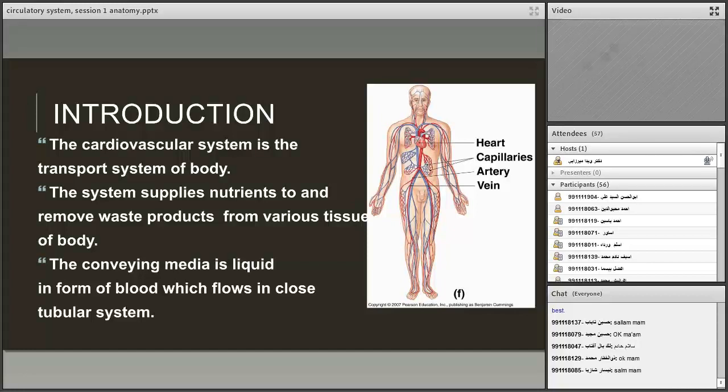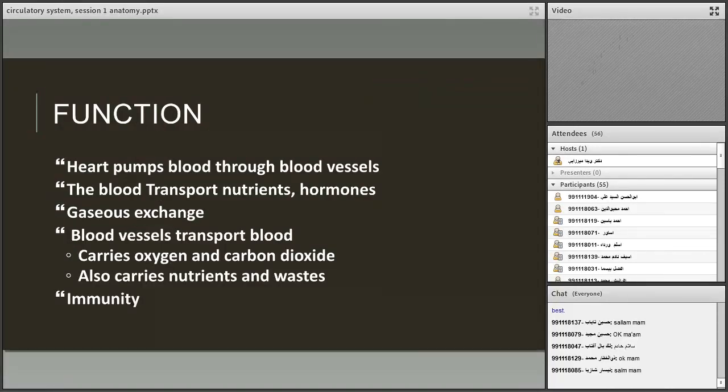Also, the conveying medium which does this activity in the circulatory system is a liquid in the form of blood. The blood is flowing in a closed tubular system which is called the blood vessels. As we said, the most important function of the circulatory system is pumping the blood through blood vessels.